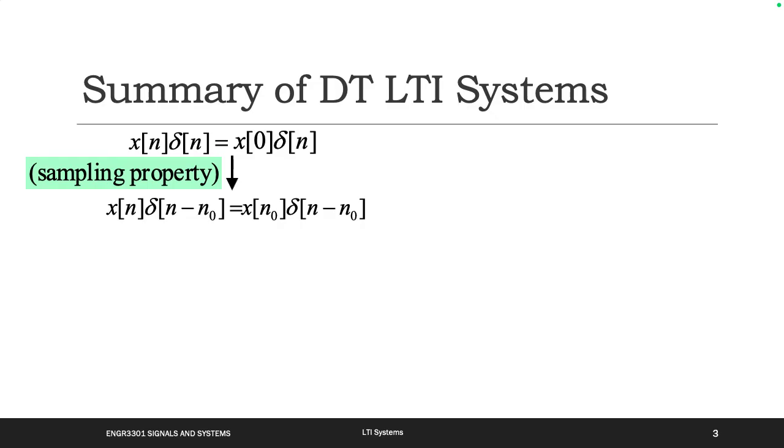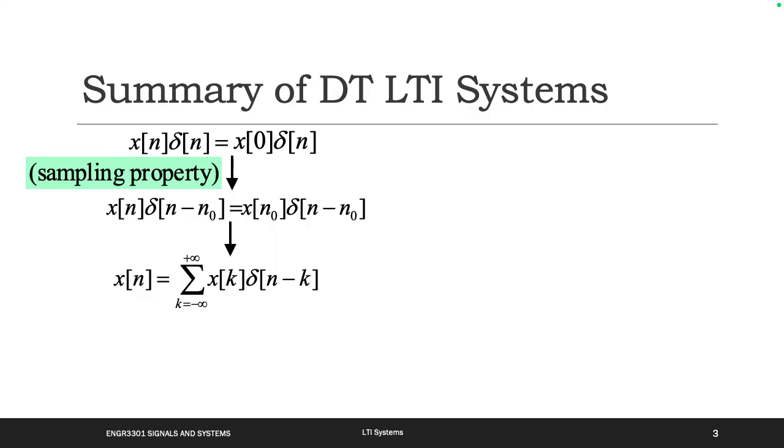And from the sampling property, we can easily get this one: x[n] can use this equation to represent. We talked about in the first class for the LTI system why x[n] can be represented in this form.